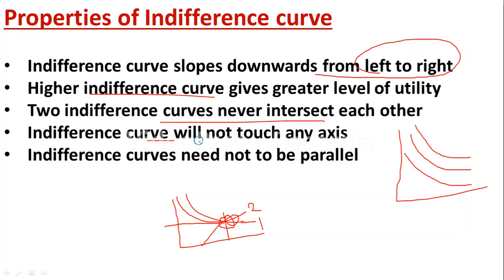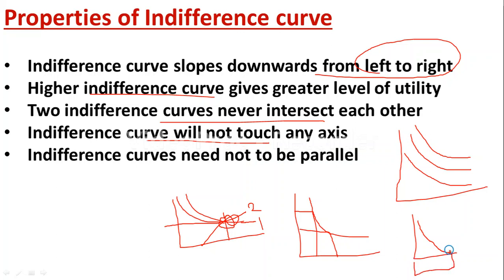Next, an indifference curve will not touch any axis. As I told you, while studying indifference curve analysis we are considering two goods. If the IC touches the x-axis, it means that he is buying only good X, but in indifference curve analysis we are studying two goods.